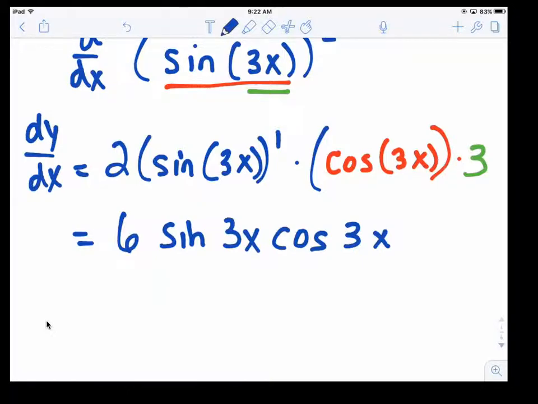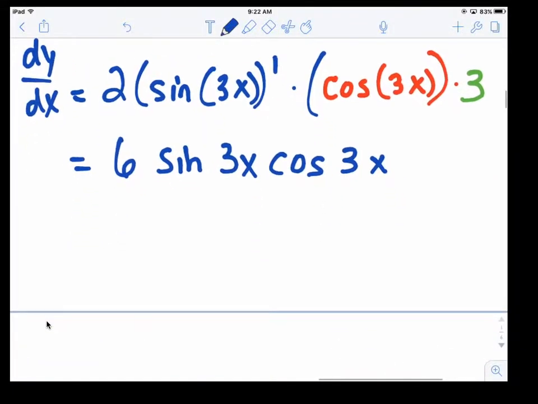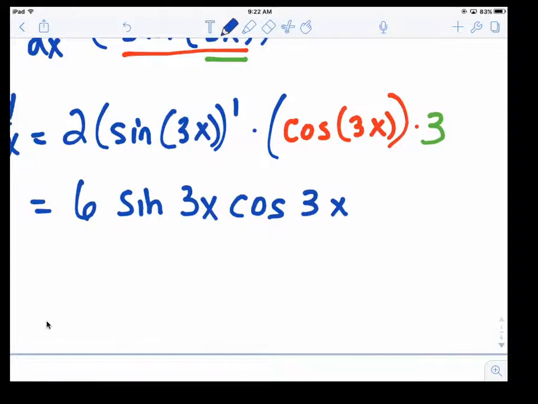Now there is an identity you could use to simplify this. Does anybody know what that one happens to be? Sine of 2x is equal to 2 sine of x cosine of x.